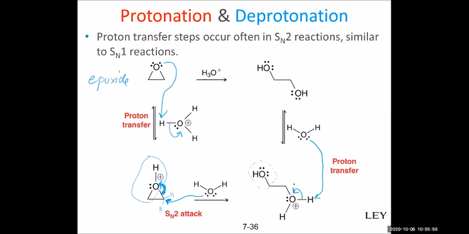And that will give us the final product, after the alcohol loses one proton. And so you can see there are two steps with a proton transfer. It has both protonation and deprotonation.